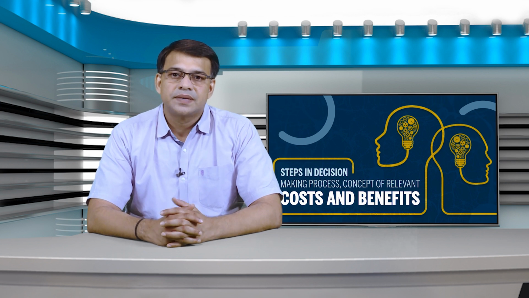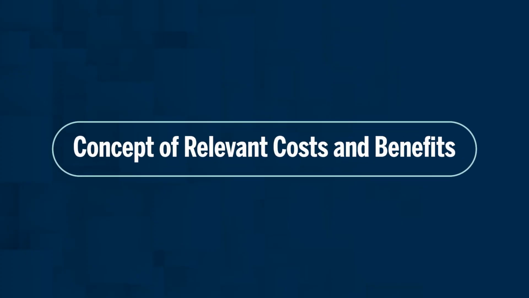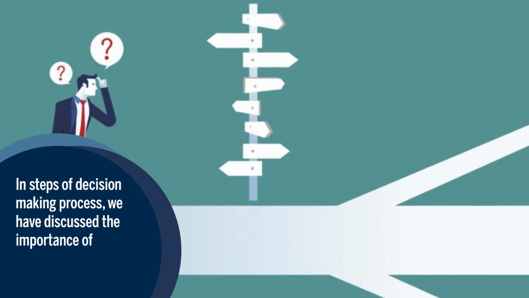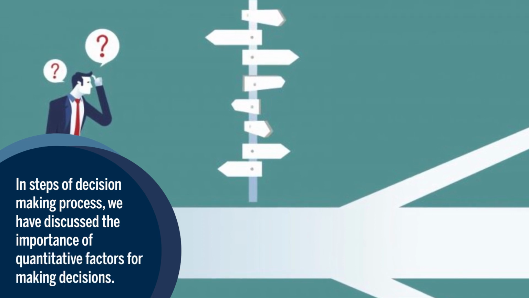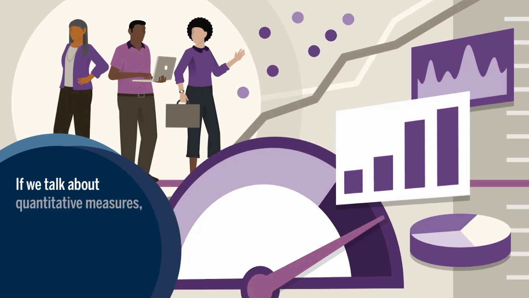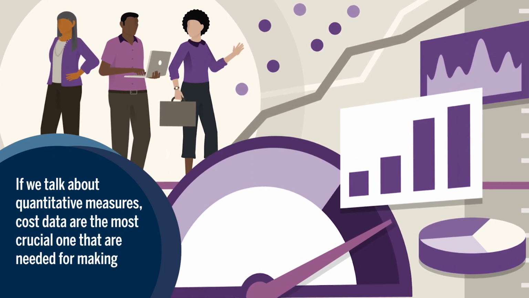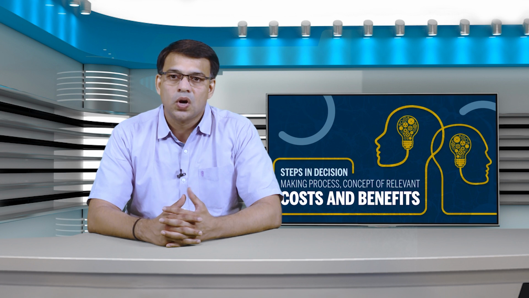Now, we discuss the other part of the session, that is the concept of relevant costs and benefits. In the steps of the decision making process, we have discussed the importance of quantitative factors for making decisions. If we talk about quantitative measures, cost data are the most crucial ones needed for making decisions. All costs are not relevant in decision making.